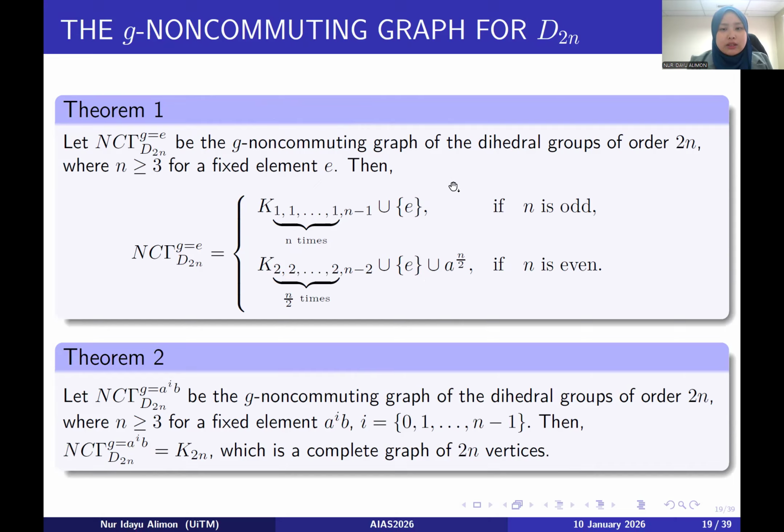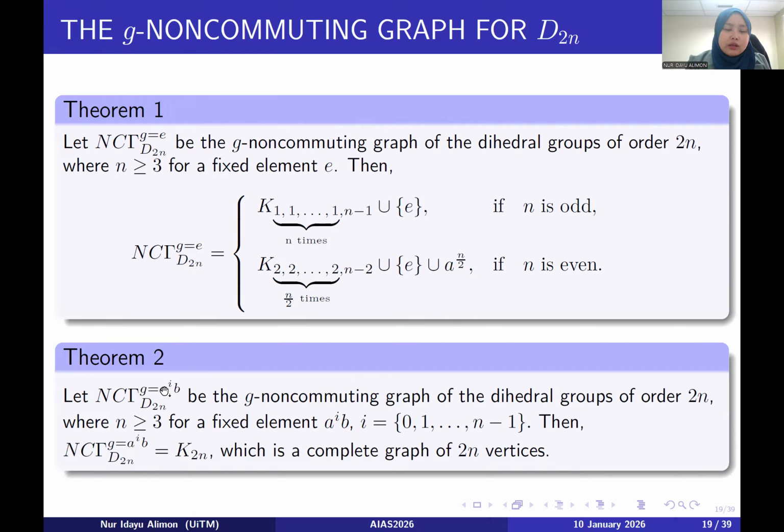Okay, so this one is actually the center of the group. So we can conclude that the g-non-commuting graph for the fixed element g equal to e is actually the same as the non-commuting graph, but union with the isolated vertices of the center.